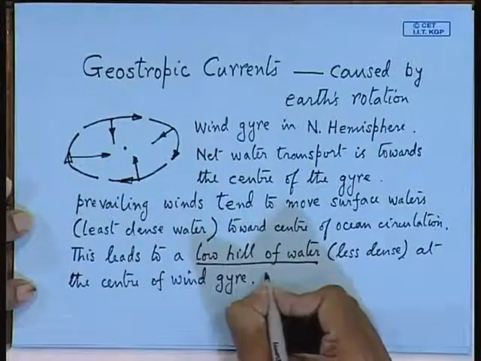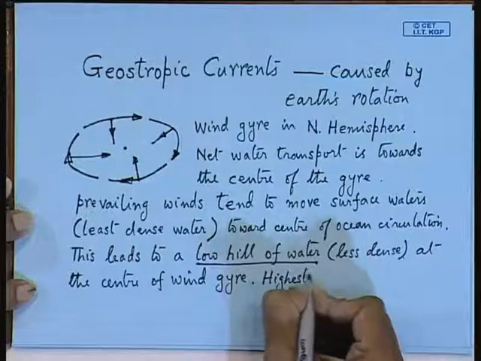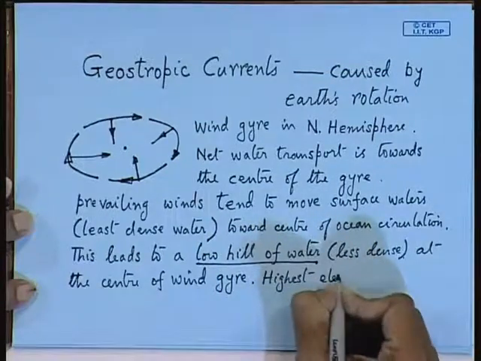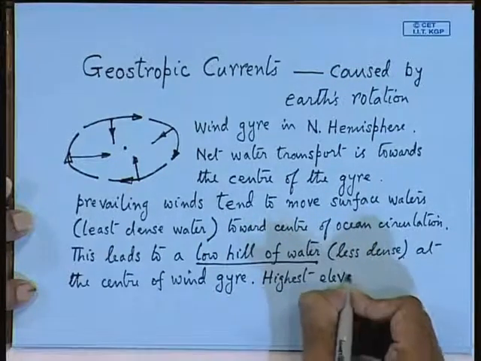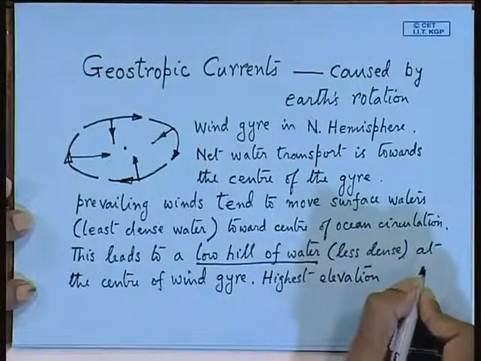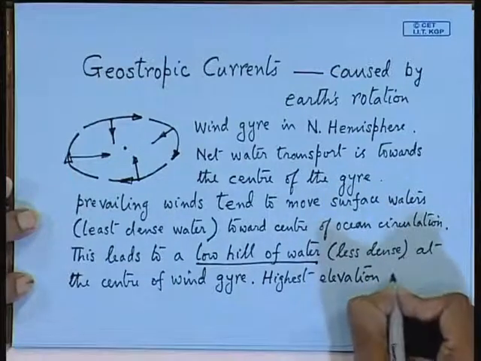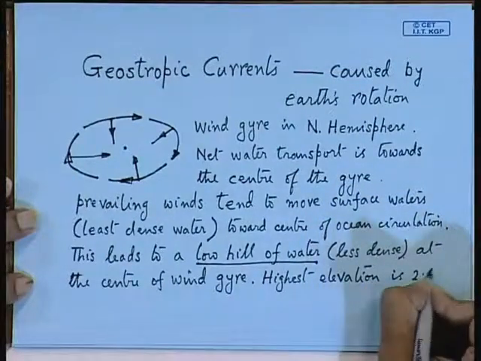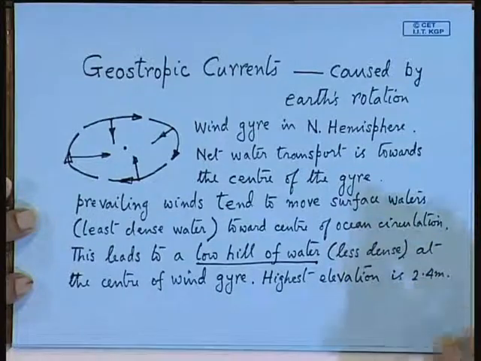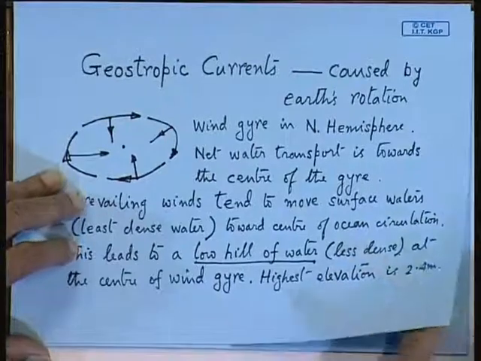Now, highest elevation, you write, is 2.4 meters. So, that is exceeding a man's height. Highest elevation is 2.4 meters. This is above arbitrary level.